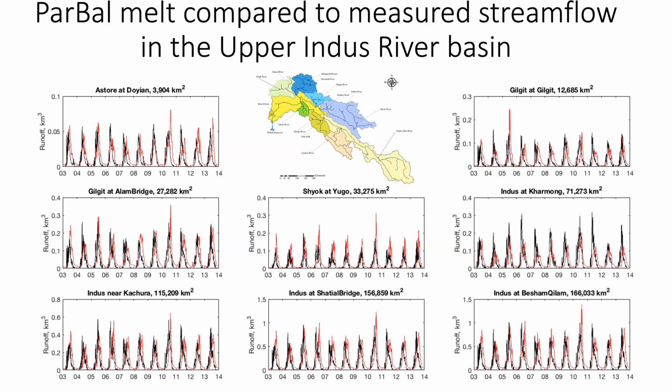We ran our energy balance model at an hourly time step with daily outputs to estimate melt in the 8 subbasins of the upper Indus River. The plots are sorted by total stream flow, with the upper reaches on the top left and the lower reaches on the bottom right. With the energy balance model, we can accurately estimate the stream flow volumes.